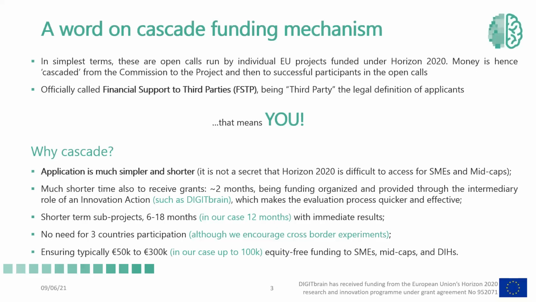Money is therefore cascaded from the Commission to the project, and then in turn to successful participants in the open calls that such projects promote. It is officially called financial support to third parties because third party is the legal definition of applicant. So you are actually a potential third party.